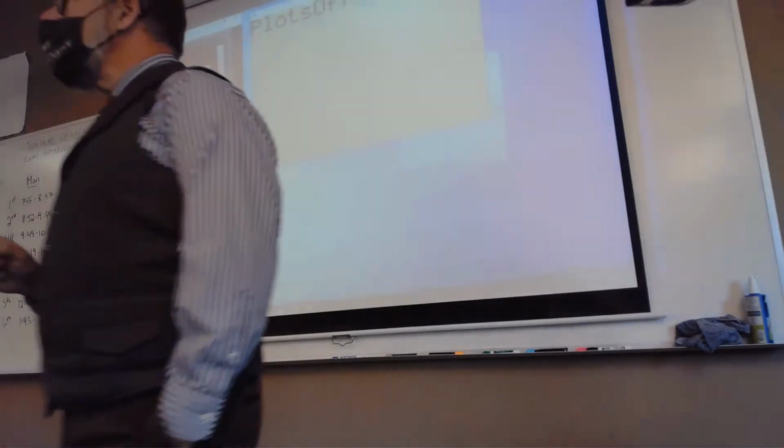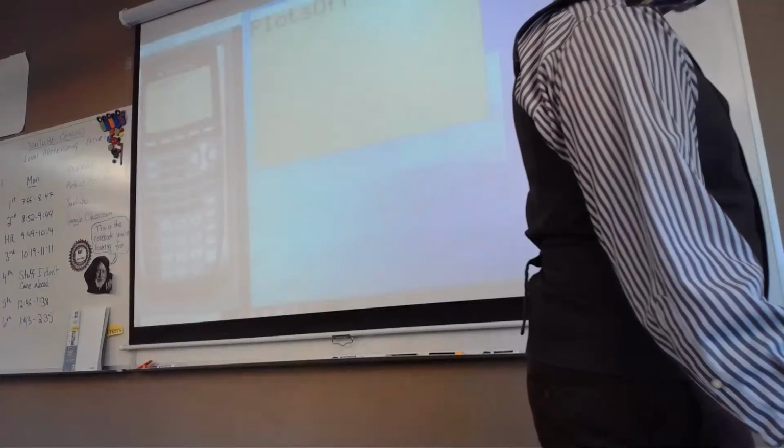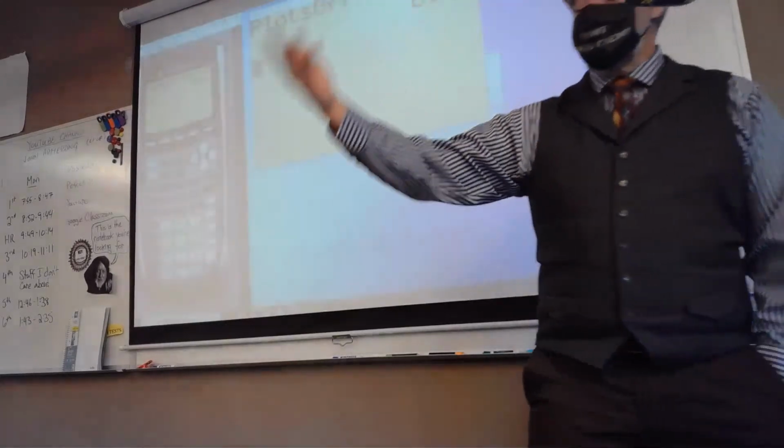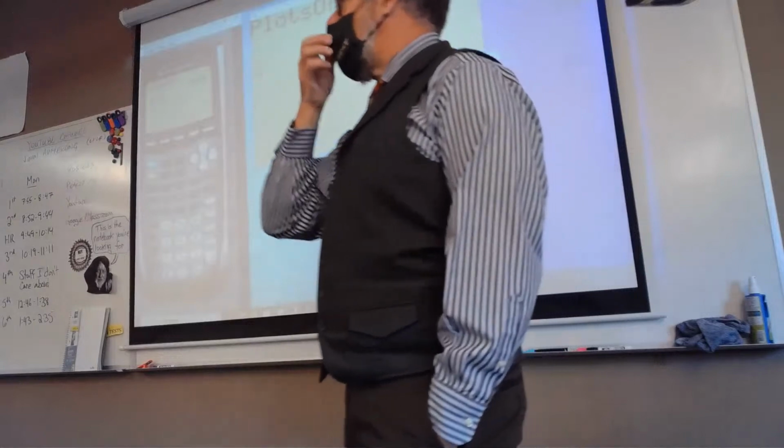Choose number 4, and then you have to hit enter. And when you hit enter, it says, aha, I have turned the plots off. I am now done. And now if you push graph, you will not get an invalid dimension error because you are not trying to make a scatter plot on top of your regular graph.